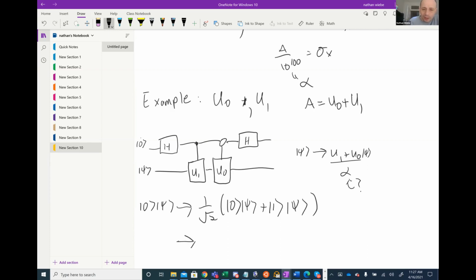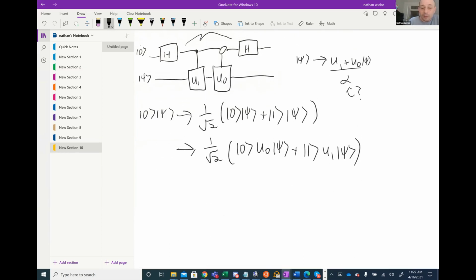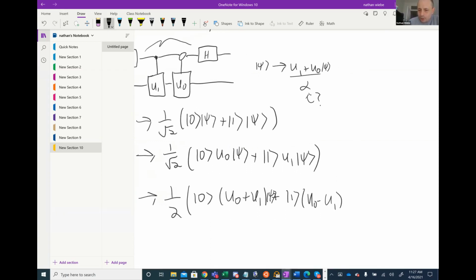So after applying these two, I end up mapping to 1 over root 2, (0 U0 psi plus 1 U1 psi). Now all I have to do is Hadamard the second qubit. If I Hadamard it, I get 1/2 (0 (U0 plus U1) psi plus 1 (U0 minus U1) psi).